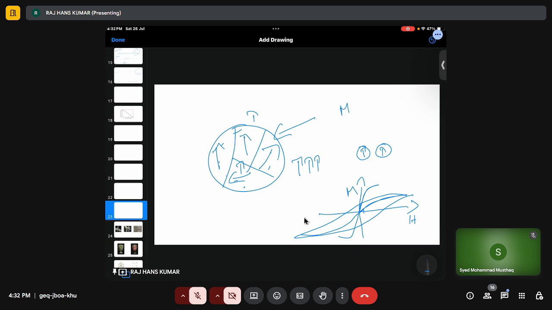So if I draw M versus T, it should go like this, right? If my temperature is low, then my magnetization is high. If my temperature is high, then my magnetization is low. Why? Because the higher the temperature, the higher the heat energy, the higher the vibrations, the higher the misalignment, the lower the M value. I hope I am clear.